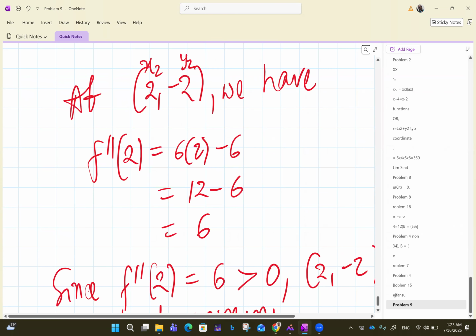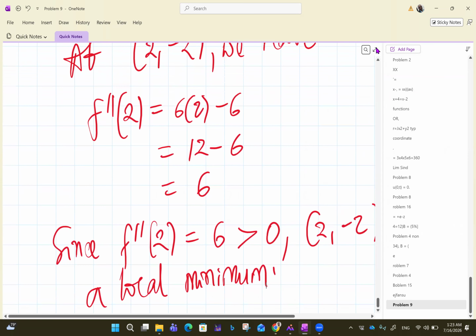So we go on to problem 16, which involves two variables.